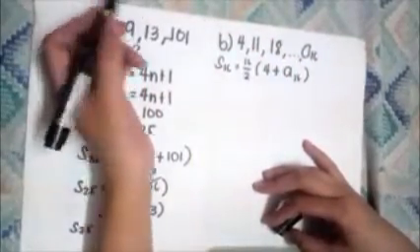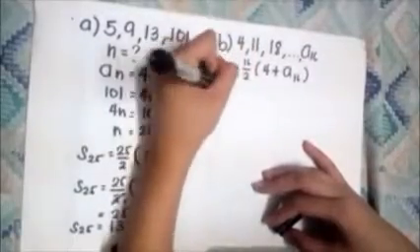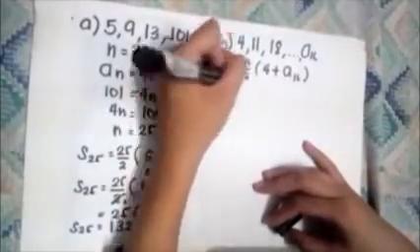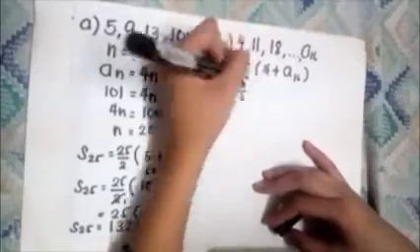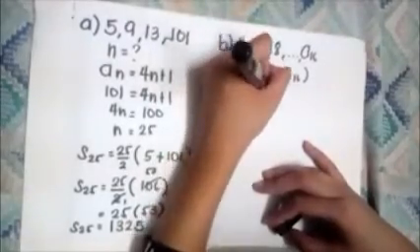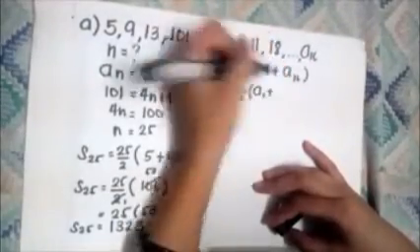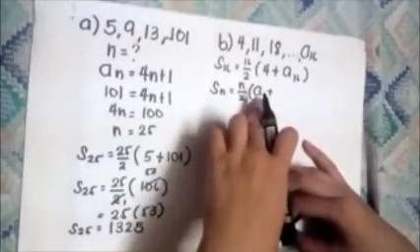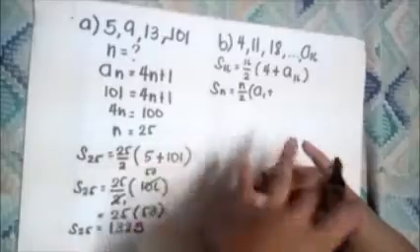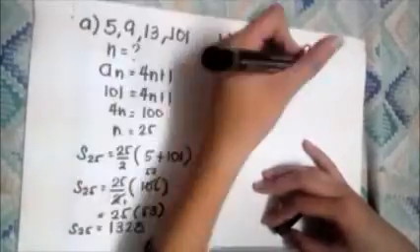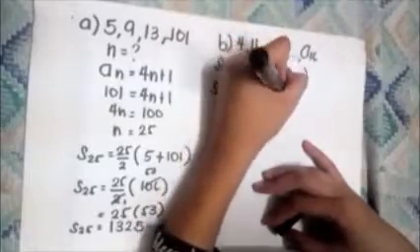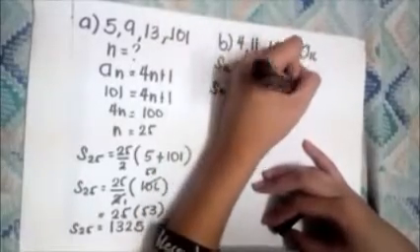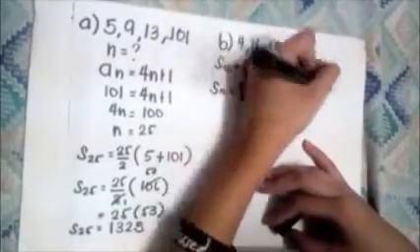So we must use this formula: n over 2 times (a sub 1 plus a sub n), using the general formula of the arithmetic sequence to get a sub 16: a sub 1 plus (n minus 1) times d.